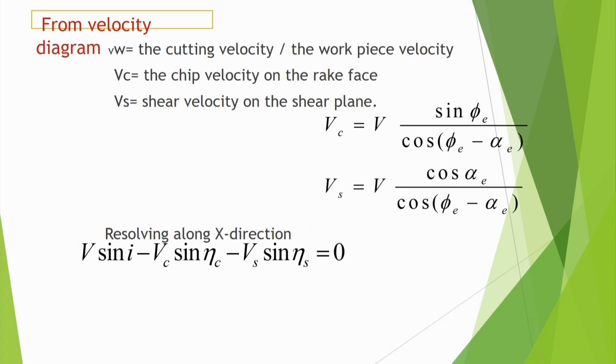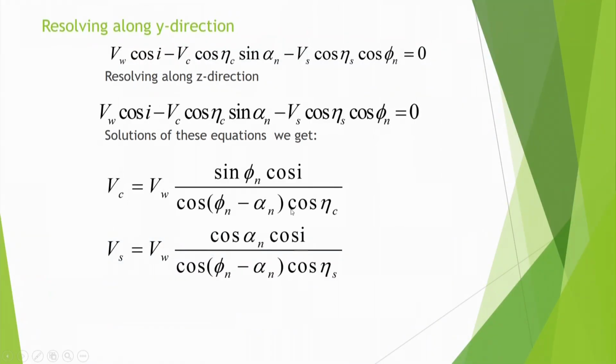And similarly, if you resolve the components along the x direction, you get this type of relation, and resolving along the y direction, you get this relation, and along the z direction, you get this type of relation.